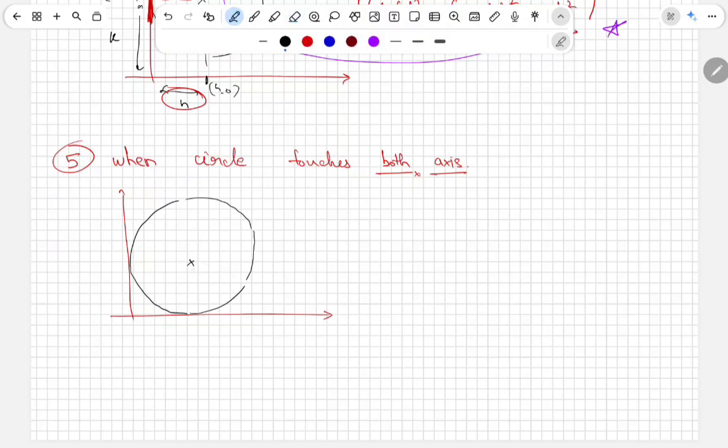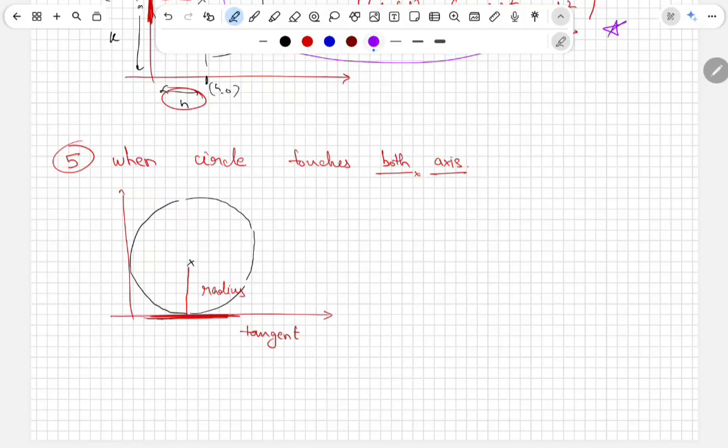Let's see what is happening. If the circle is touching the x-axis, then the x-axis will be the tangent. Now x-axis is the tangent, so the line perpendicular to the tangent will be the radius.